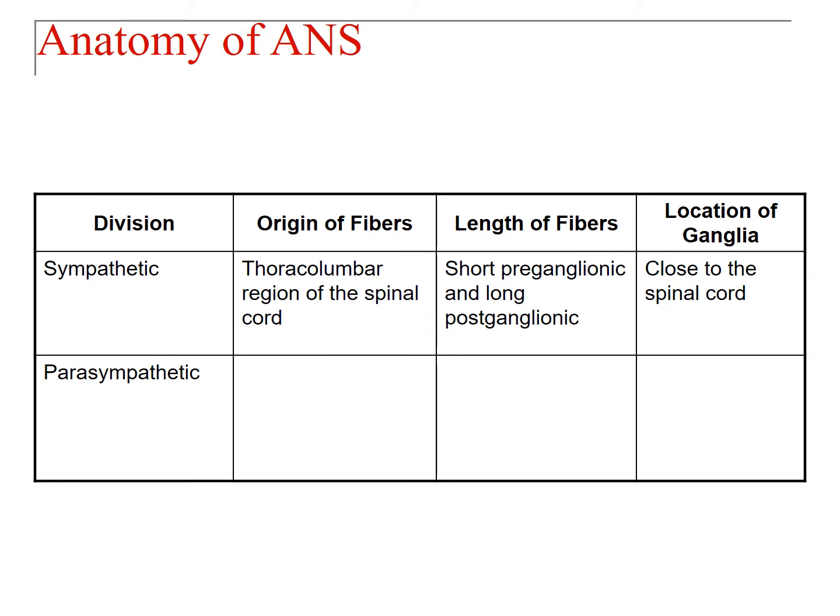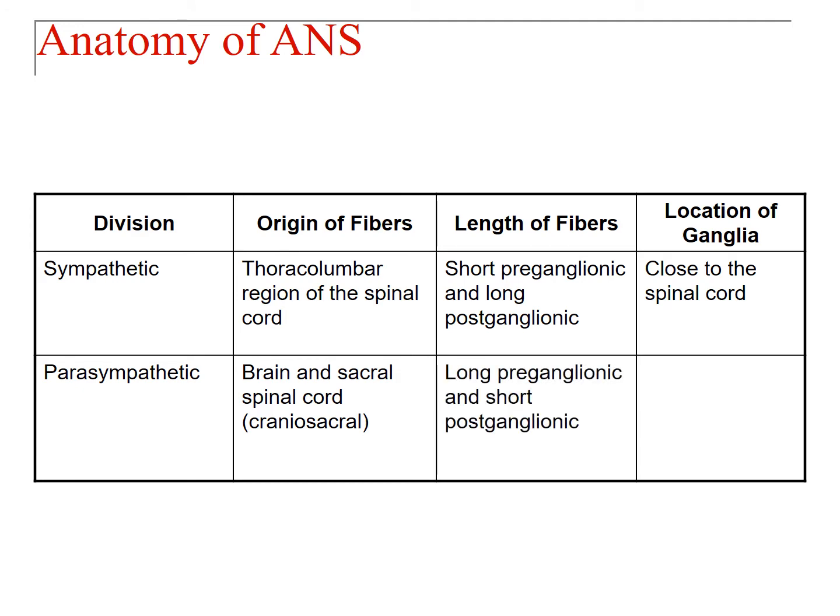The parasympathetic nervous system has its origin of fibers from the brain, so some cranial nerves are involved, and from the sacral spinal cord. So it has craniosacral outflow, whereas the sympathetic has thoracolumbar outflow. Now in the parasympathetic, it's kind of the reverse of the sympathetic in terms of the length of fibers.